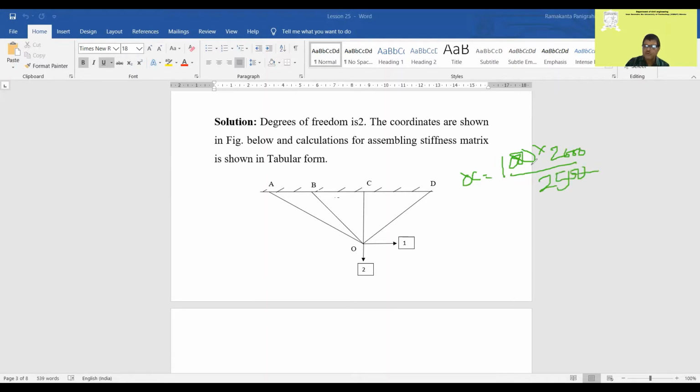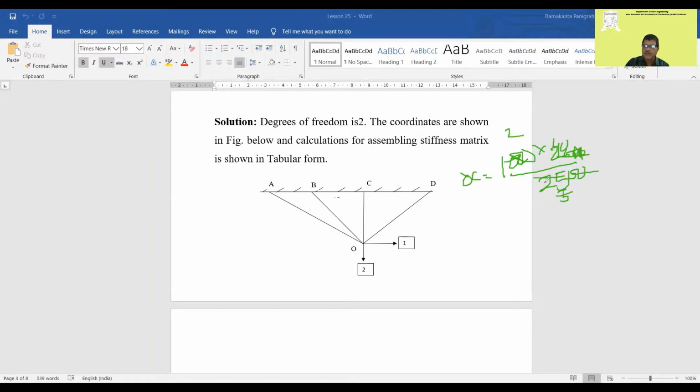So the 20s cancel. 5 into 2, 5 into 5. So 20 is again 5 into 5 into 2, and you can find here it comes to 40. It's 200, sorry, it's 200.